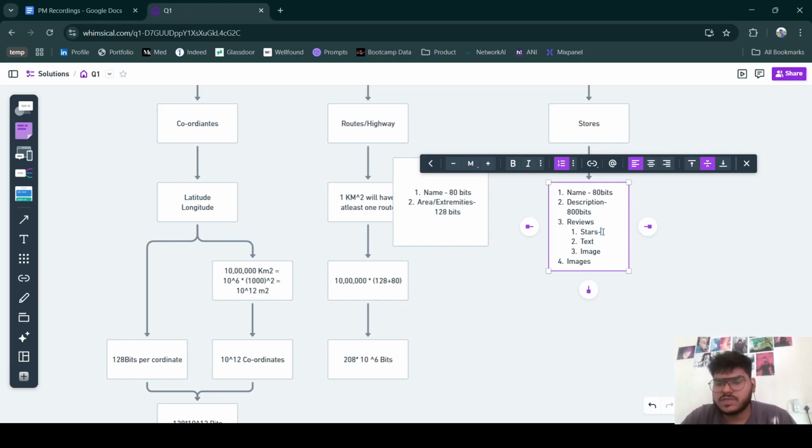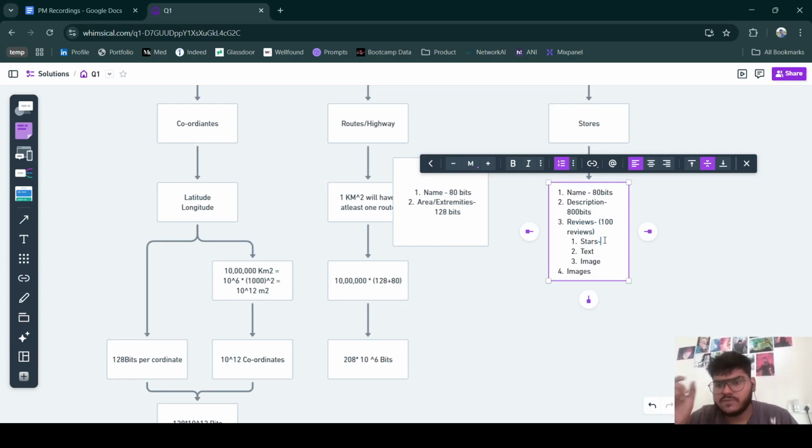So reviews, if I'm assuming that a store will have on average around 20 to 30 reviews. Reviews may range from thousands up to lakhs of reviews as well. So if I'm assuming 100 reviews on an average per store.